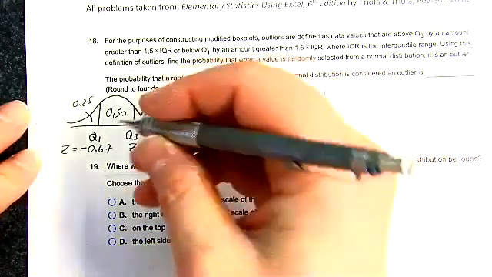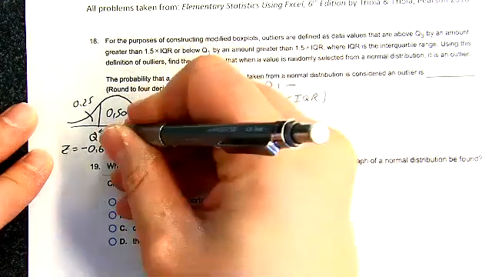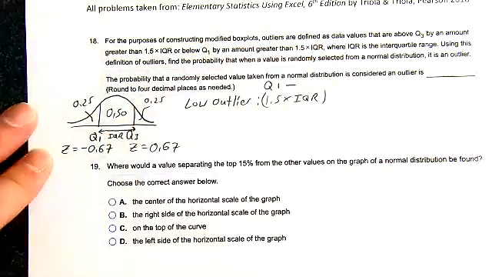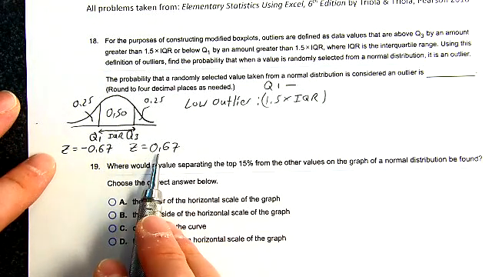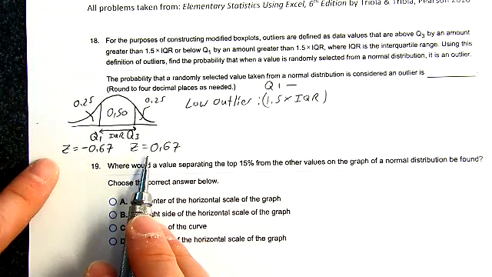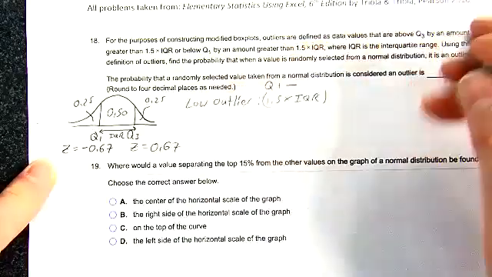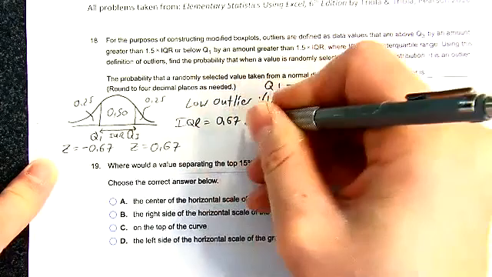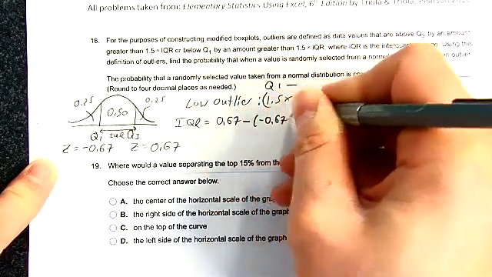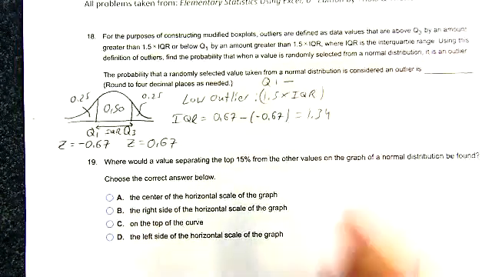And IQR is the distance between Q1 and Q3. That distance in the z scale would be 0.67 minus minus 0.67. So IQR is 0.67 times 2, or 1.34.